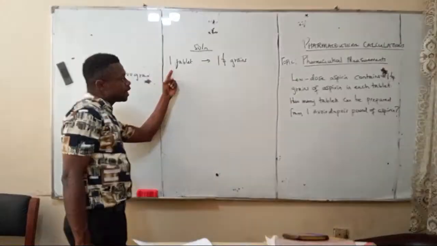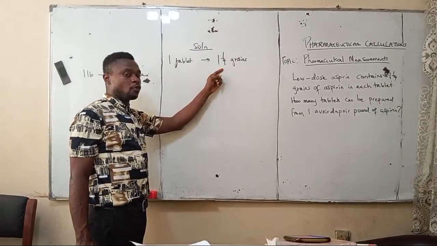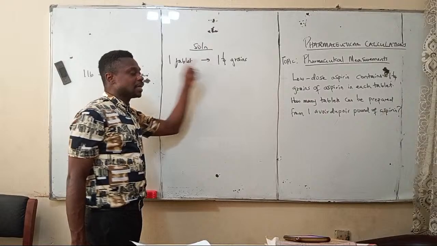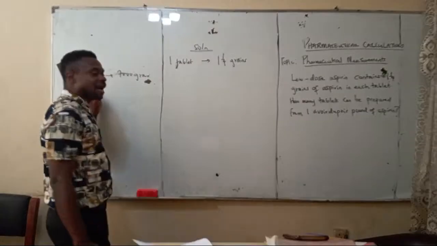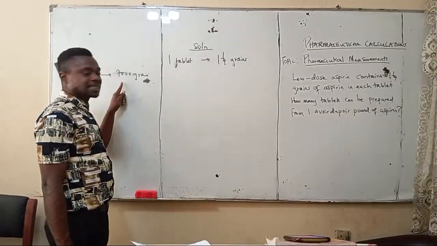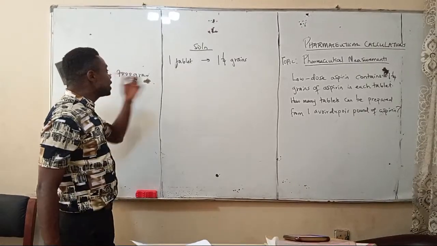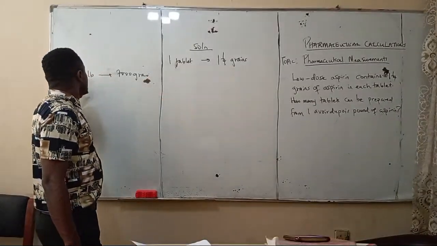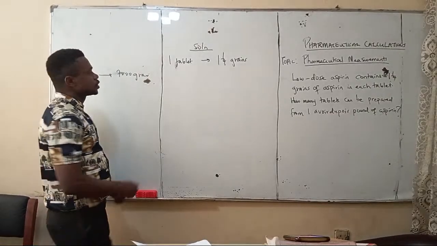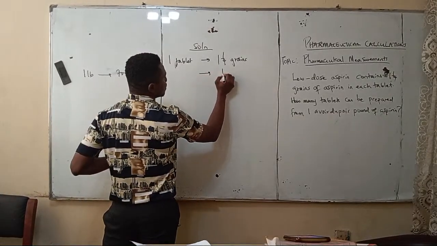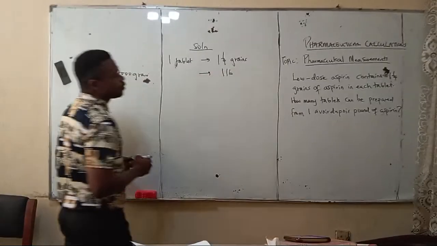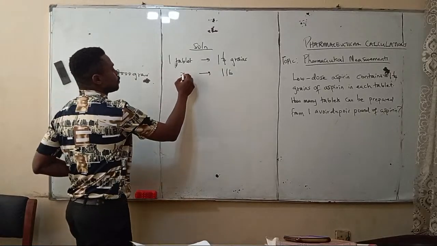Listen, 1 tablet contains 1/4 grains of aspirin, but 1 avoirdupois pound has 7,000 grains. We are now asked how many tablets can be produced from 1 pound. So 1 avoirdupois pound should produce X number of what?